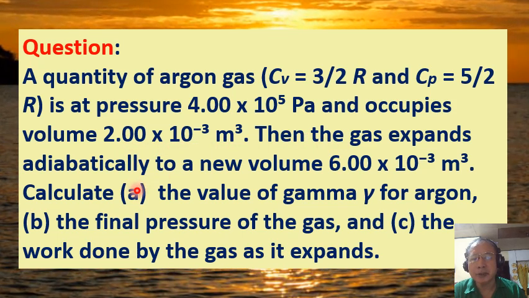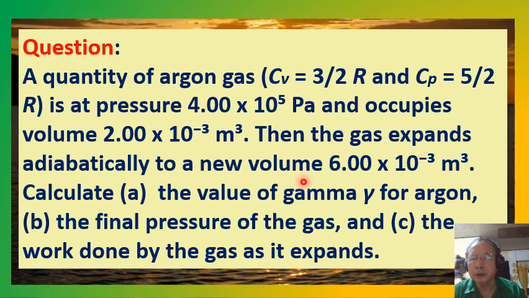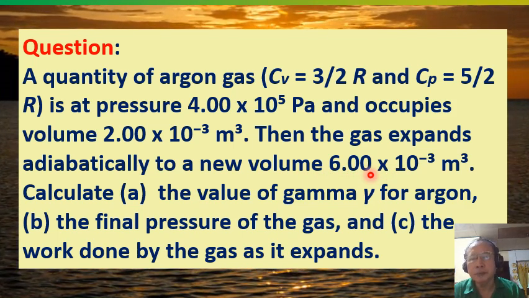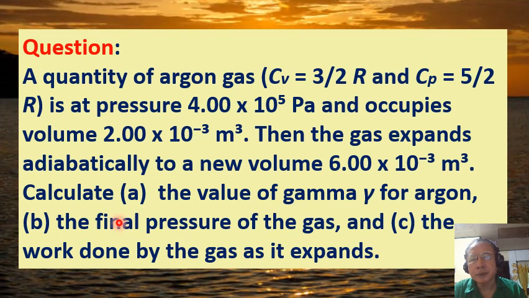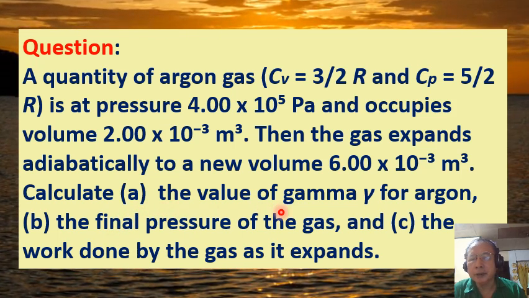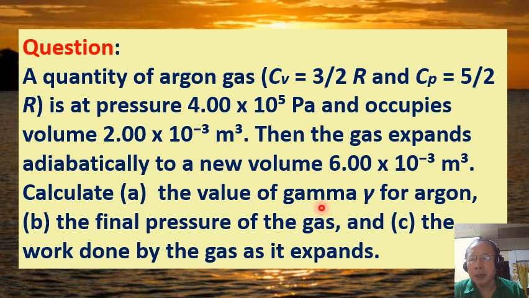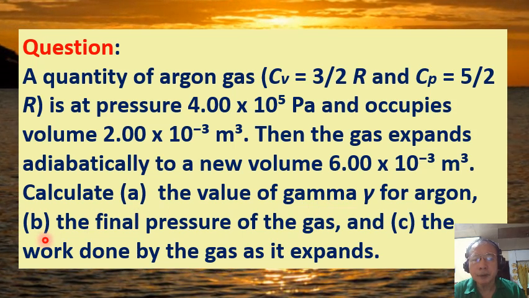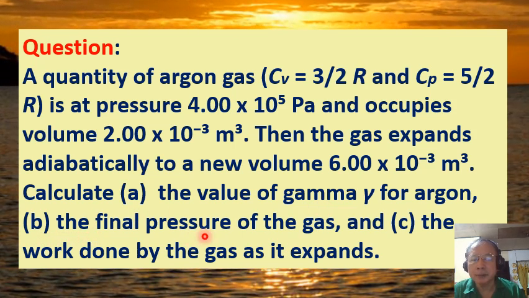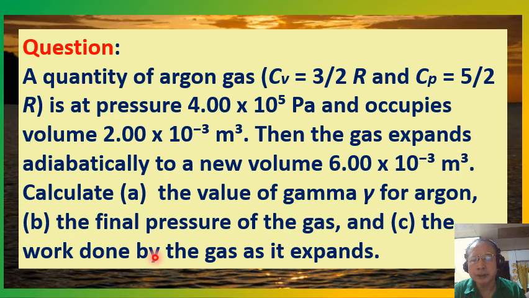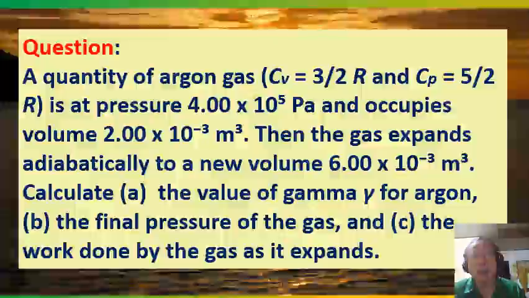Then the gas expands adiabatically to a new volume 6.00 times 10 to the negative 3 meter cube. Calculate letter A, the value of gamma for argon. Letter B, calculate the final pressure of the gas. And letter C, calculate the work done by the gas as it expands.